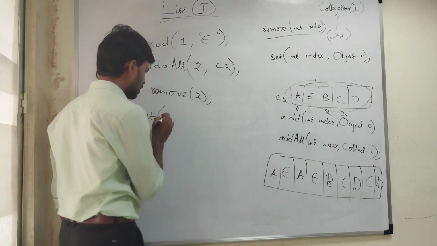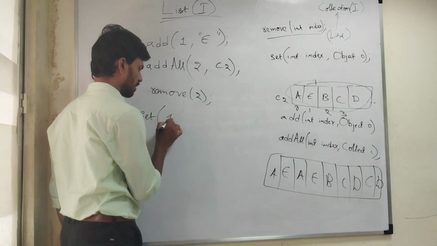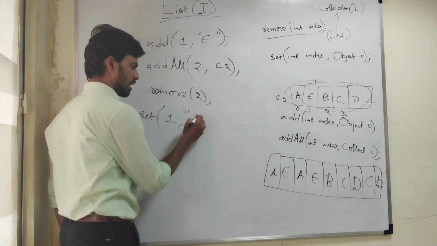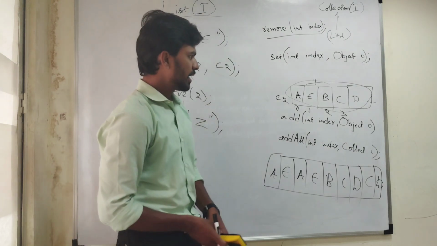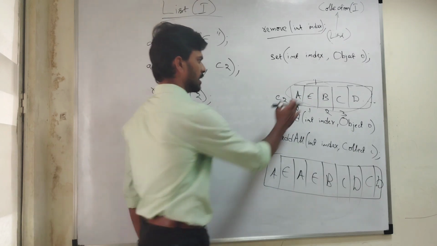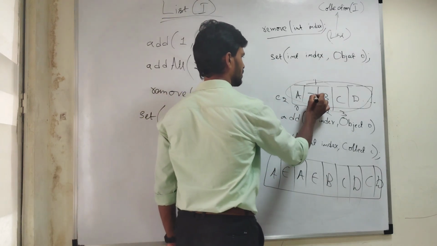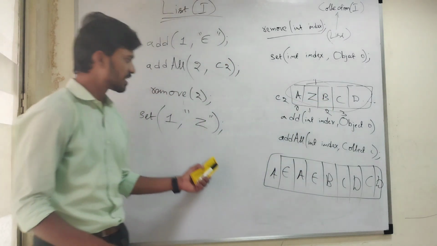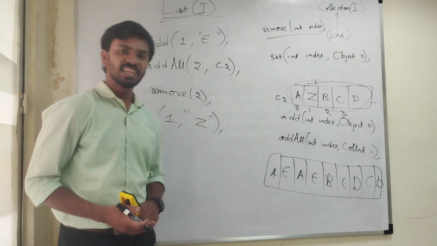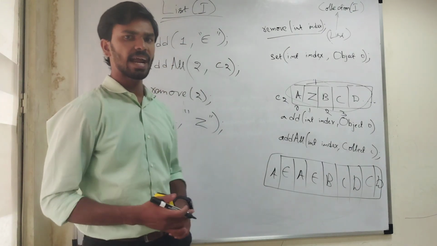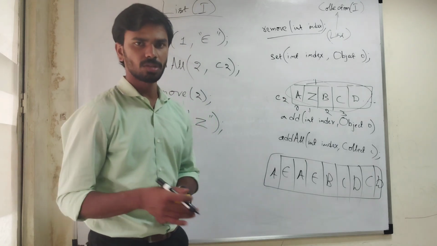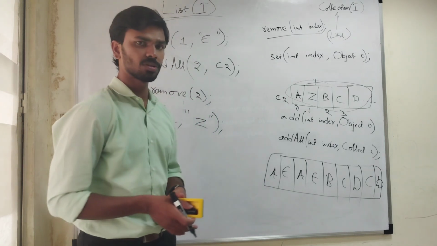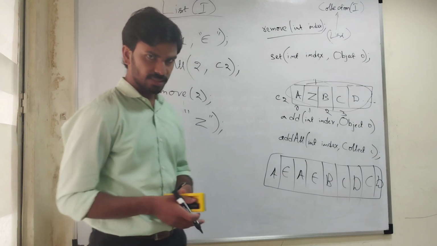Now I pass at index number 1 comma z. So immediately at index number 1 this will be replaced with z. So these are the methods present inside the list interface, which are added as the extended capabilities of the list family. Next we will be discussing the ArrayList class.